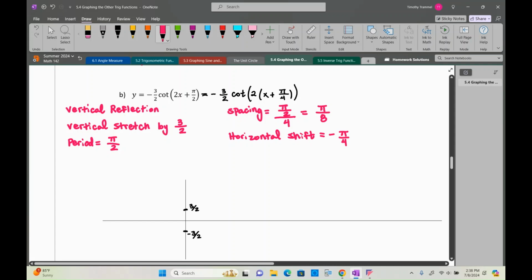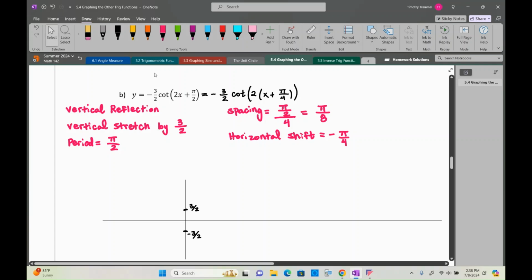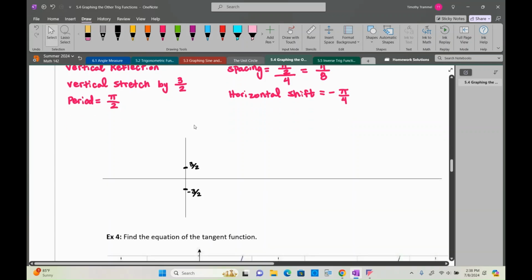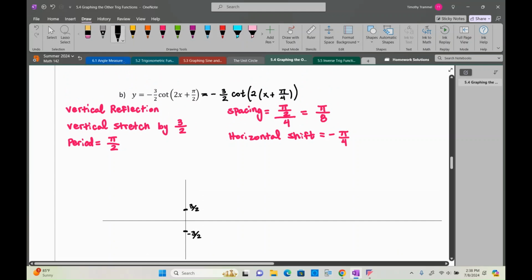So again, this is what I like to start with, the horizontal shift, or the phase shift if we're talking about sine and cosine. So I'm going to mark on here first where minus pi over 4 is. Let's mark that right here.